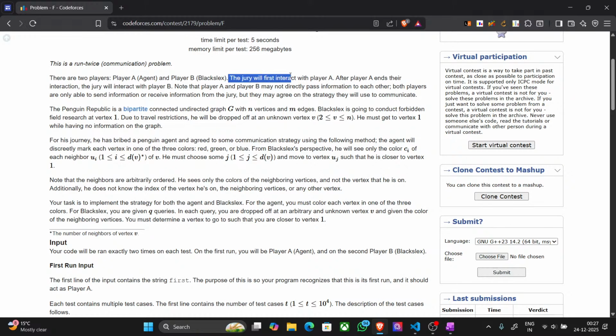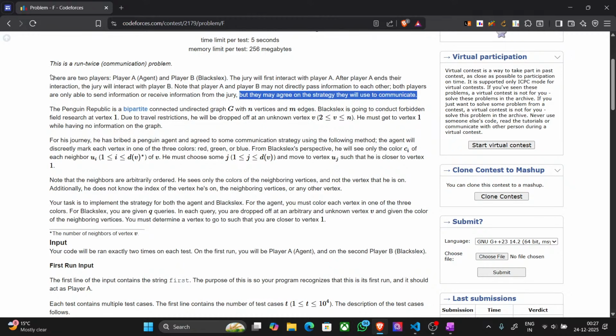The jury will first interact with player A. After the interaction with player A ends, the jury will interact with player B. Note that player A and player B may not directly pass information to each other. Both players are only able to send or receive information from the jury, but they may agree on a strategy they will use to communicate.